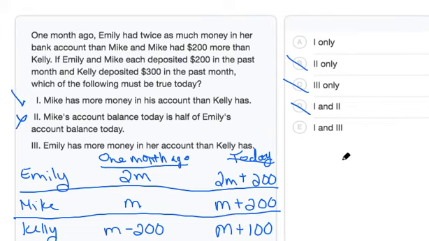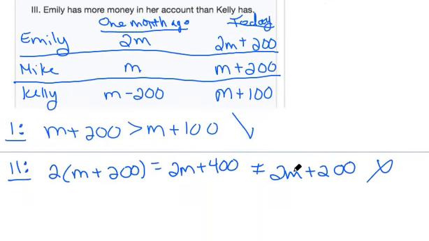So we do need to decide whether statement 3 is true or not, because we're still between choice A and choice E. So let's go ahead and scroll down. For statement 3, we're told that Emily has more money in her account than Kelly. Now, to see whether Emily has more money in her account than Kelly, we can actually just compare the last columns.